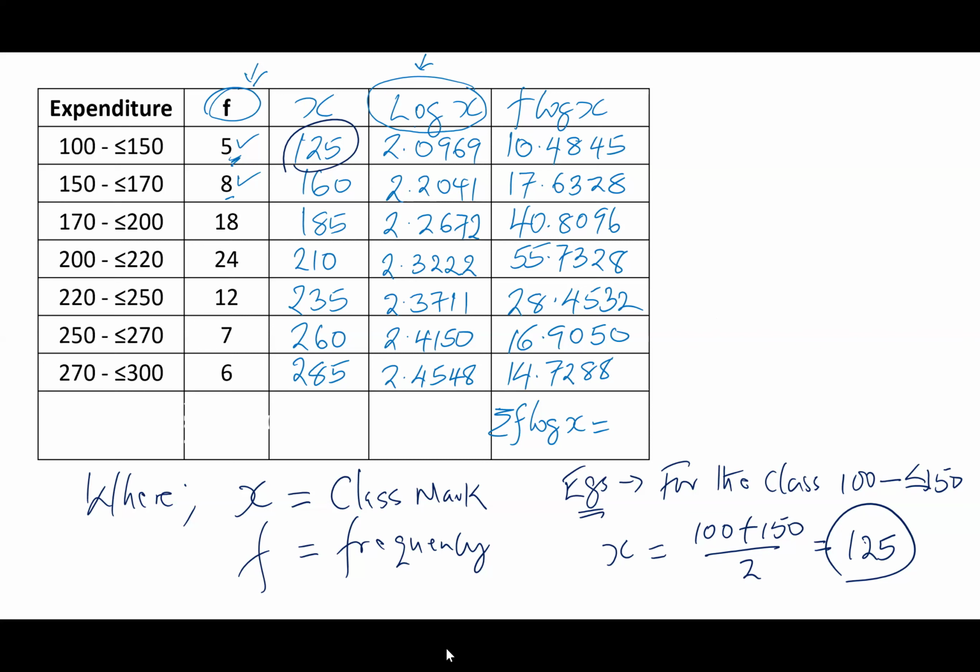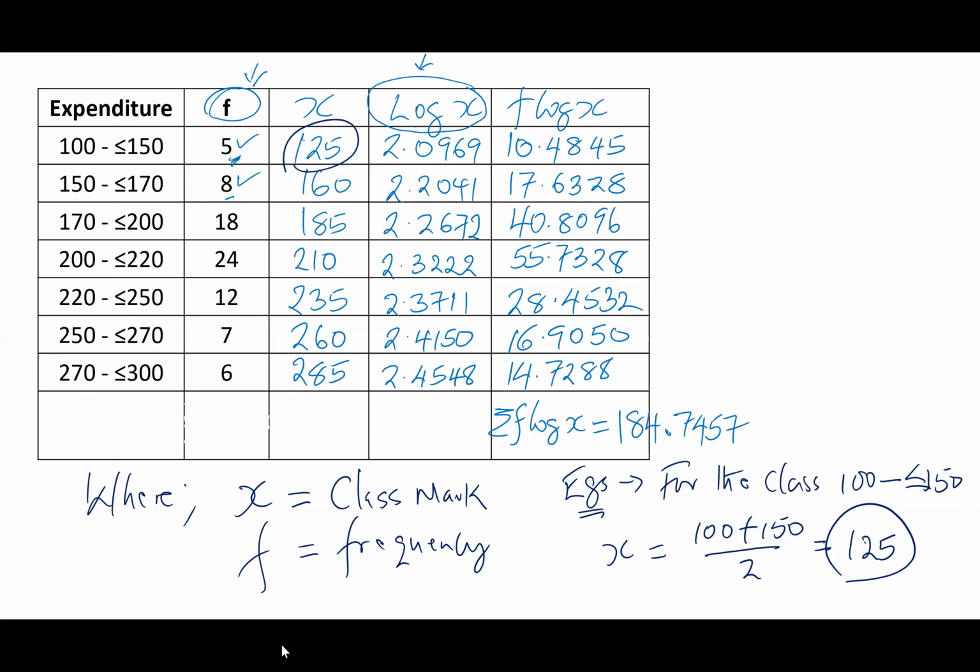Let all of us add up and you share in the chat. I can see 184.7457 from Shadrach. Perfect. So with that, we are now in position to determine our geometric mean.